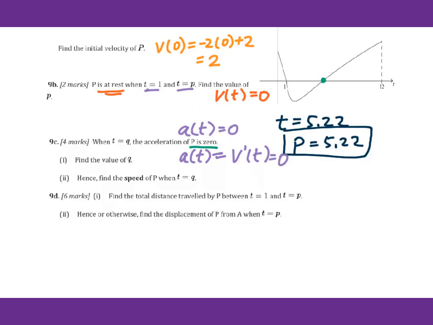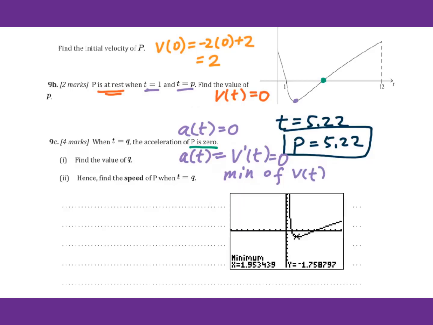We will set it equal to 0, which means we're looking for the minimum point of the velocity function. So from the graphing calculator, you can get this minimum point. This x equals 1.95, which means this q equals 1.95.